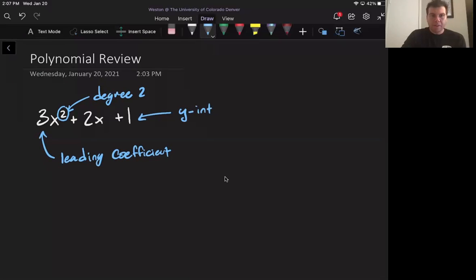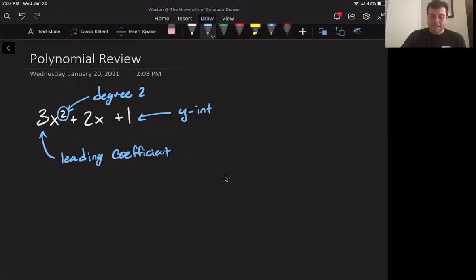For polynomial theory, we're typically safe to ignore what's going on in the middle, except in cases of factoring. But when we're just analyzing the behavior of a polynomial, it's most important what's going on with the largest term and what the y-intercept is. Okay, so that's our basic review for what the function looks like.